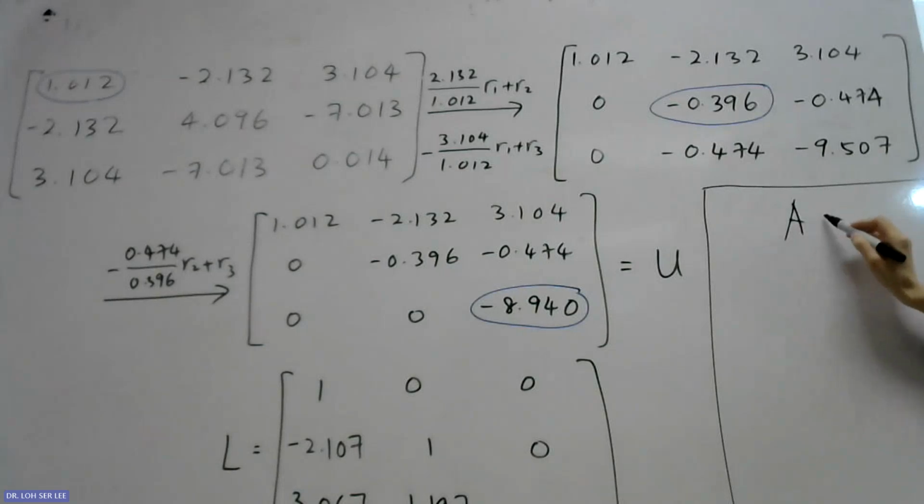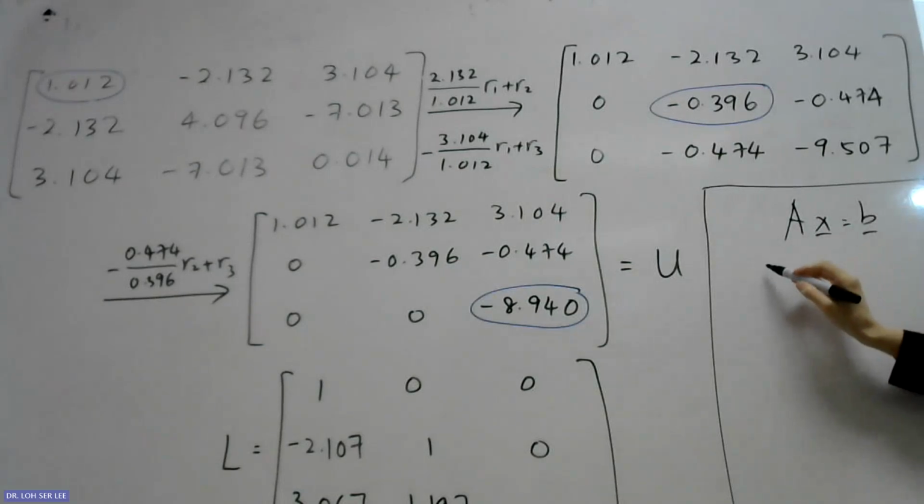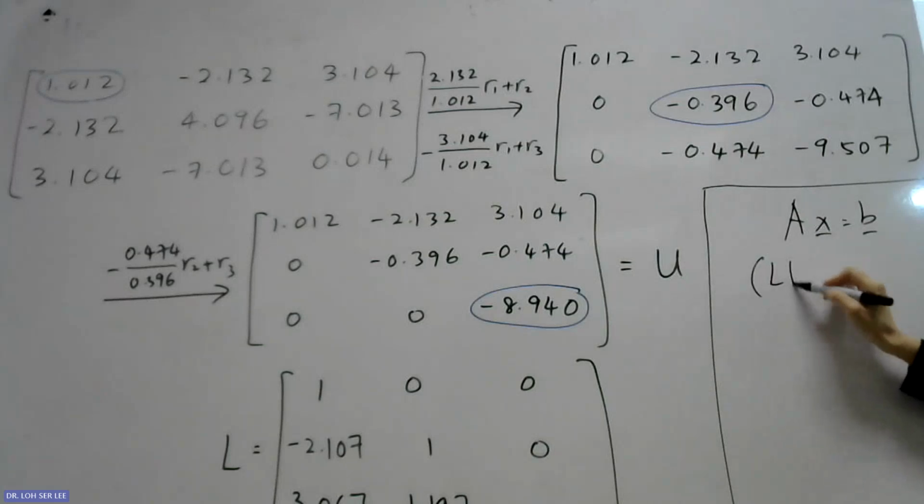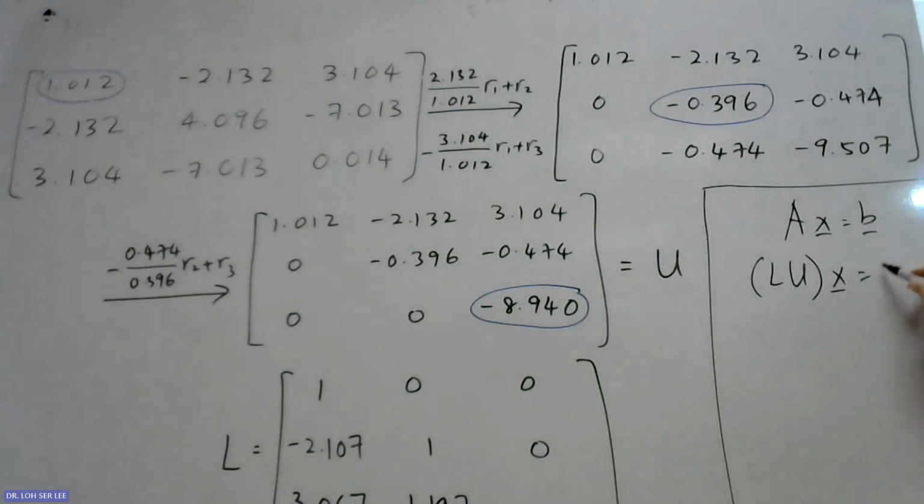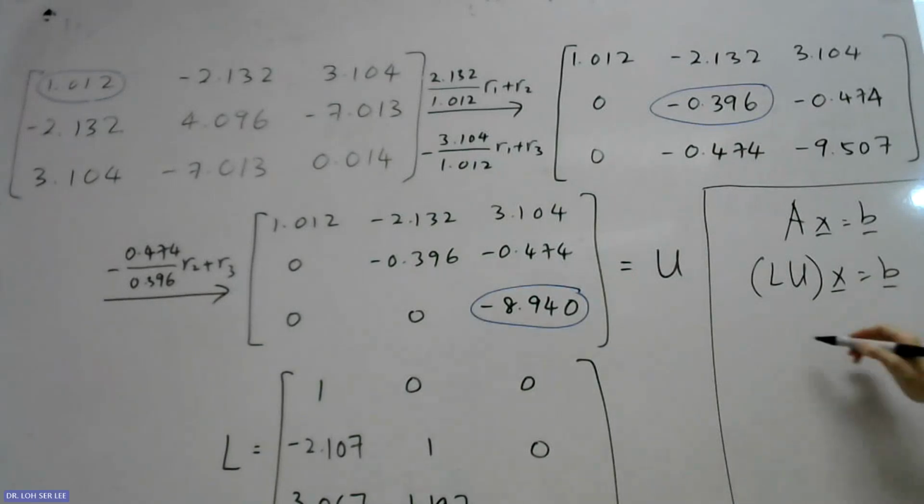You can start from here. AX equals to B. Okay, then your A will be LU. LUX equals to B. Okay, then give a bracket for the UX.